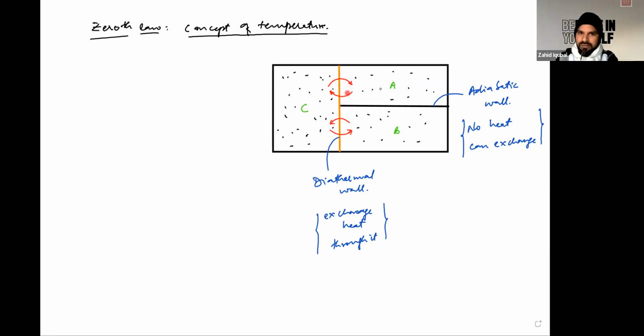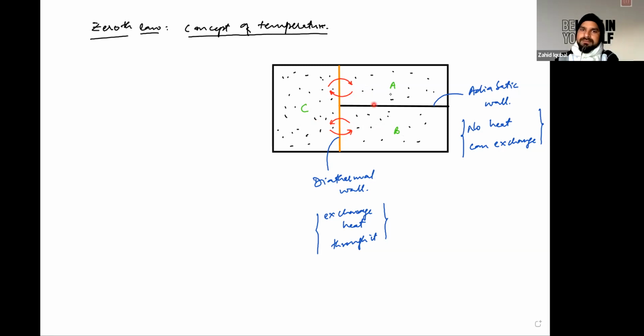So there will be flow of heat between A and C till they acquire equal temperature. Similarly, there will be transfer of heat between B and C till they acquire equal temperature. It means at thermal equilibrium, when the temperatures of A and C become equal, there will be no further flow of heat. Similarly, in thermal equilibrium between B and C, there will be no flow of heat through this wall.